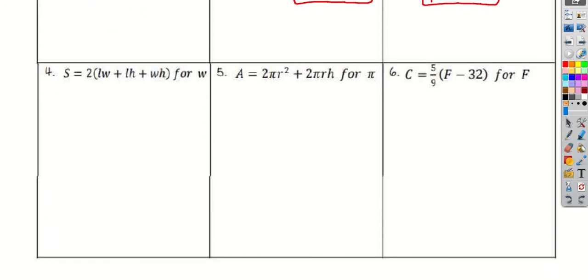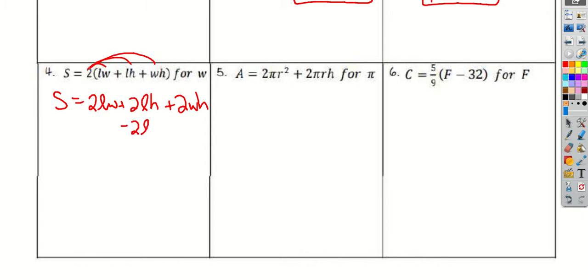Number 4. Okay, so I'm trying to solve for w. So first thing I can do is distribute, or I could divide out the 2, it's up to you. I'm going to get s is equal to 2lw plus 2lh plus 2wh. Now the only thing without a w in here is this middle term.